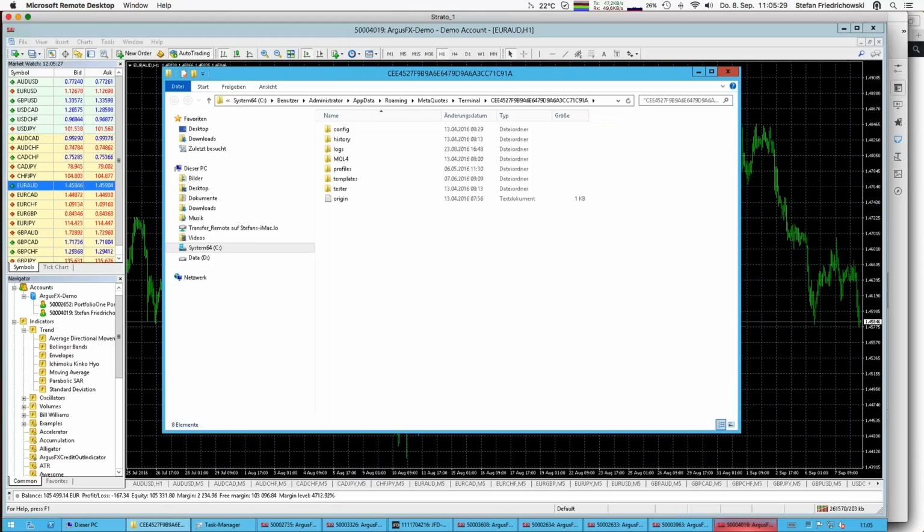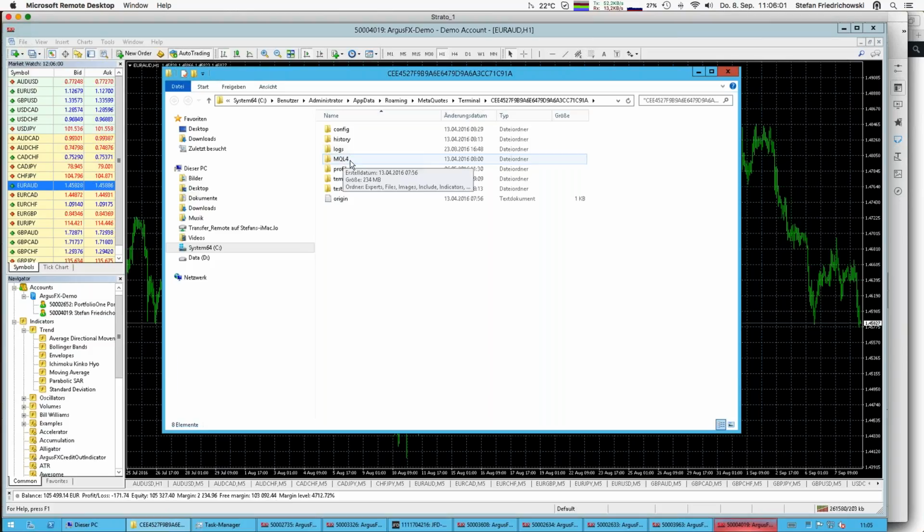But if you open an Explorer directly from MT4, then you are already exactly at the place where all the things have to go. And you see, for example, folders like MQL4, and that will finally be the destination for that indicator.